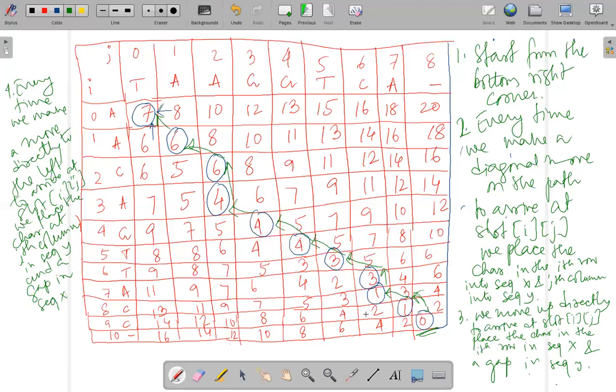However, if you have moved up, then you put the ith row character in sequence X and fill the corresponding place in sequence Y with a gap.